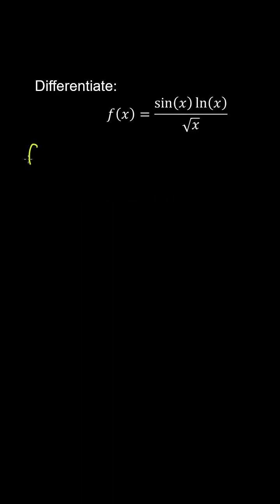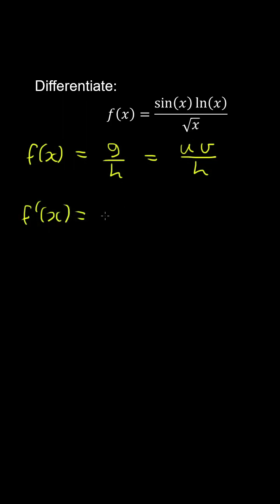Let's evaluate the derivative of f of x. So f of x is g of x on h of x. Furthermore, g of x is the product of two functions, and then we divide by h of x. What we do is first apply the quotient rule. So that would be root x kept constant, then multiply by the derivative of the function in the numerator. We use the product rule to evaluate this.